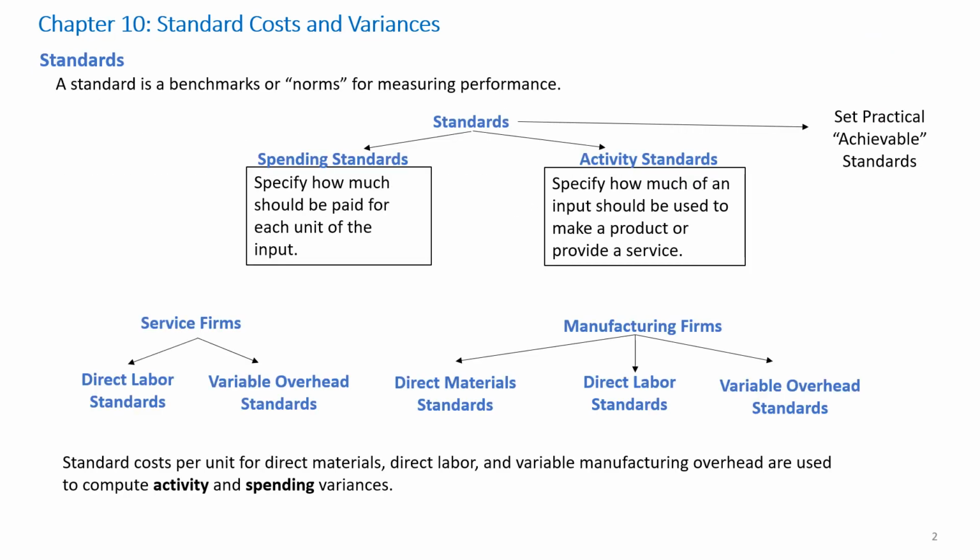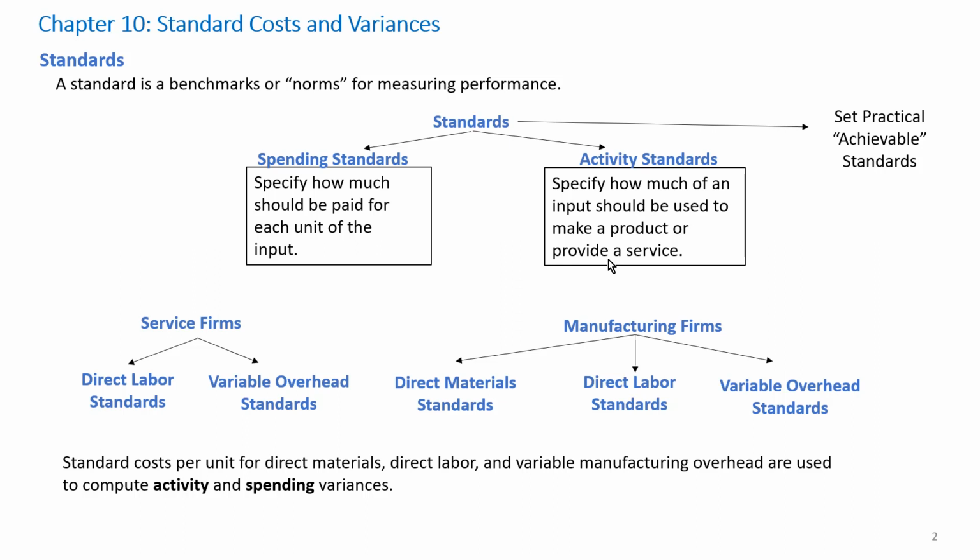We need to begin our discussion by describing the two types of standards. When looking at the cost of inputs, we set spending standards to determine how much should be paid for each unit of input. When looking at the quantity of inputs, we set activity standards to determine how much of an input should be used to make a product or provide a service.